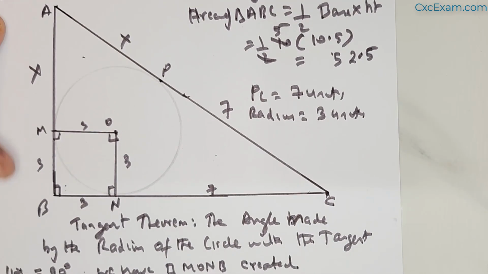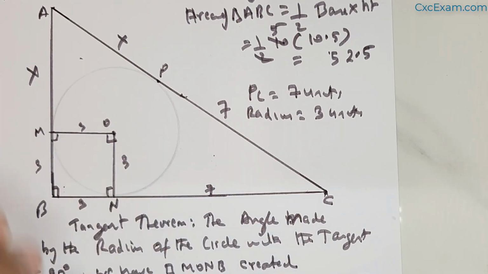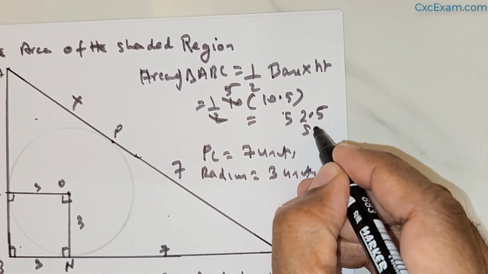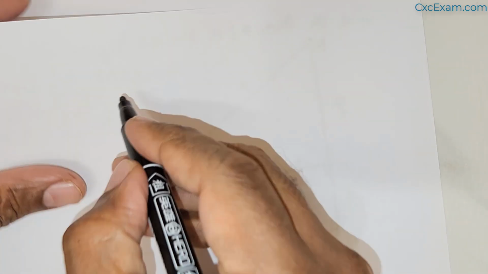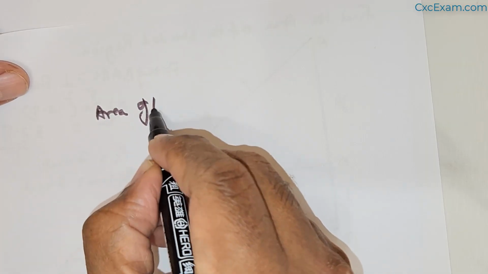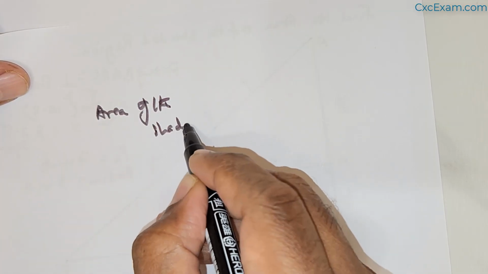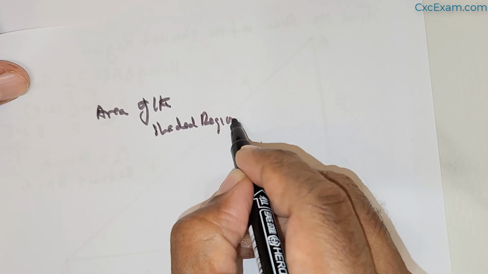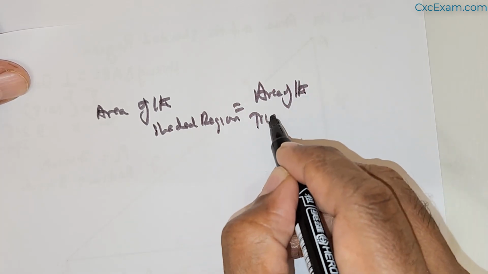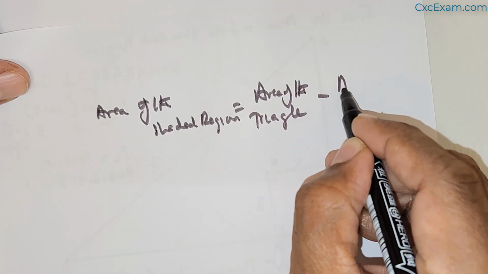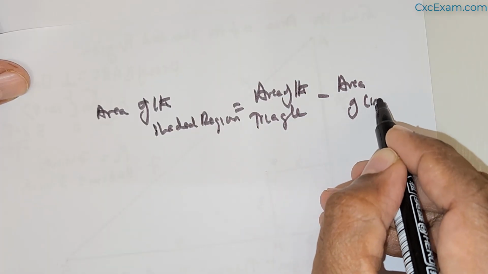So we need to get the shaded region area, in square units. So the area of the shaded region is equal to the area of the triangle minus the area of the circle.